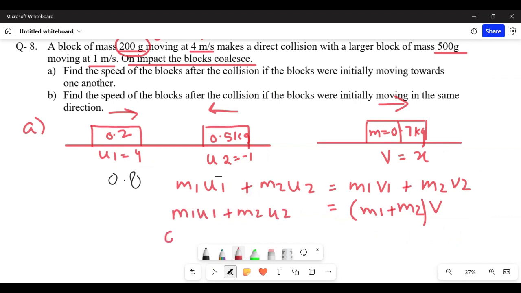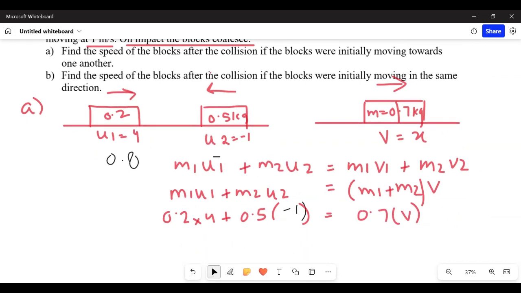Substitute the values: 0.2 into 4 plus 0.5 into -1 equals 0.7 times v. Simplify the left hand side and then divide by 0.7. You should get v equals 0.429 meters per second.